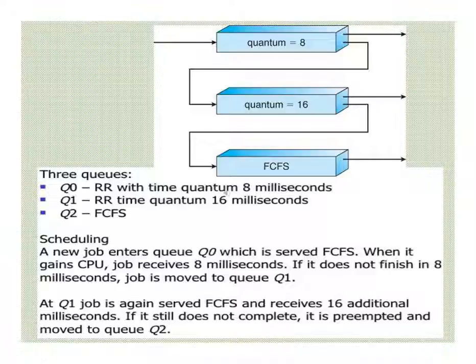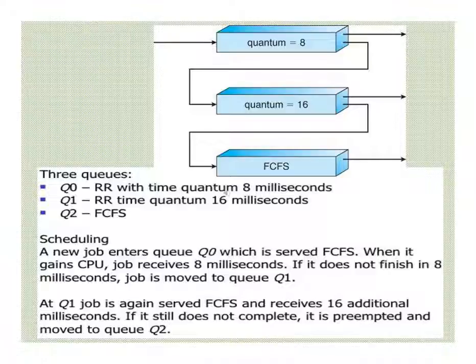Here the quantum is equal to 8, the quantum is equal to 16, and then FCFS. So multiple stages are given here. Instead, processes are allowed to move between the queues. The idea is to separate processes with different CPU burst characteristics. If a process uses too much CPU time, it will be moved to a lower priority queue.